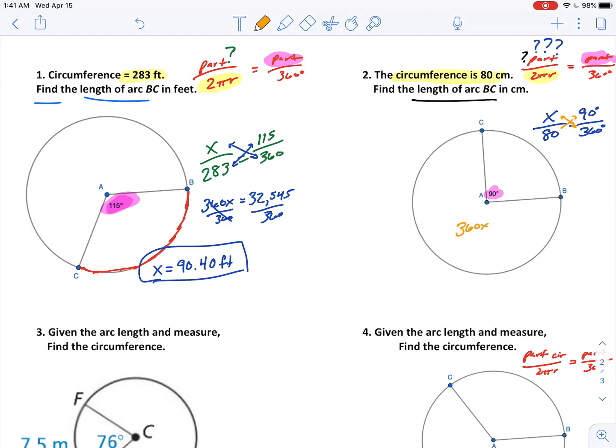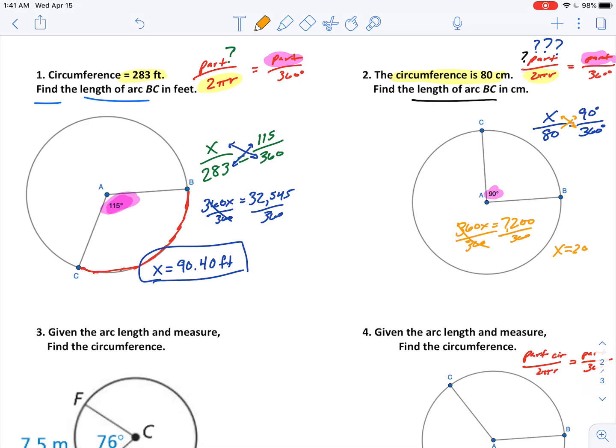equals part of the circle in degrees, 90 over 360. And I'm going to put some of my algebra inside the circle. I hope you don't mind. But we'll cross multiply. So 360x equals 80 times 90. Should be 7,200.